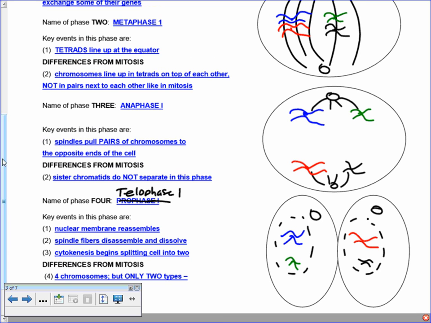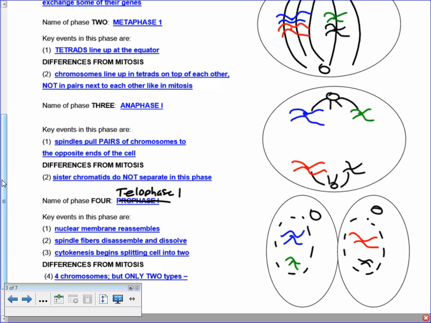So then in telophase, again, fairly normal steps. Nuclear membrane reforms, spindle fibers dissolve, those types of things. This has got 4 chromosomes, but it's not an identical cell. We've not made an identical cell like we would in mitosis. If this was mitosis, each cell would have 1 blue, 1 red, 1 black, 1 green, and they'd be the same.